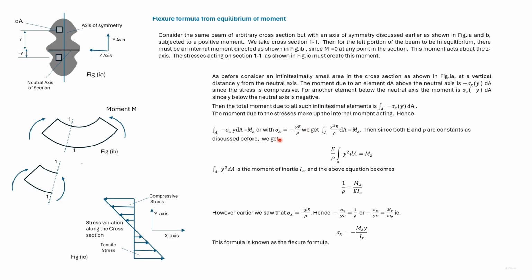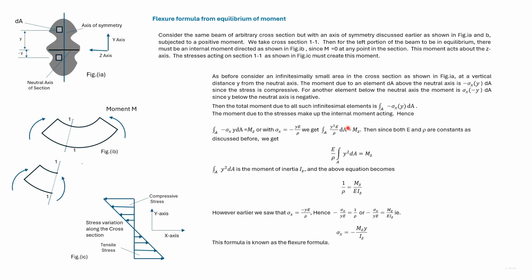Now earlier we found out that sigma x is equal to minus y E divided by rho, where E is the Young's modulus, and substituting that sigma x in this equation, we end up with this expression.